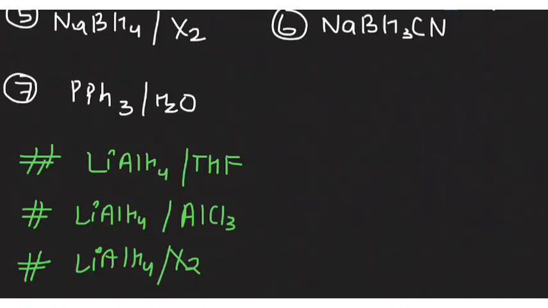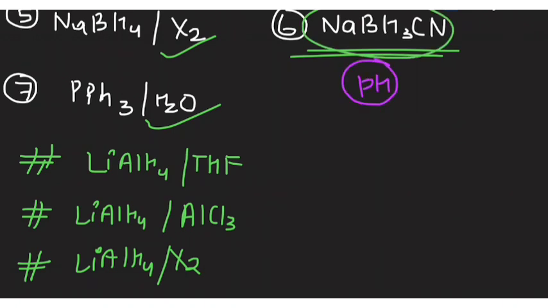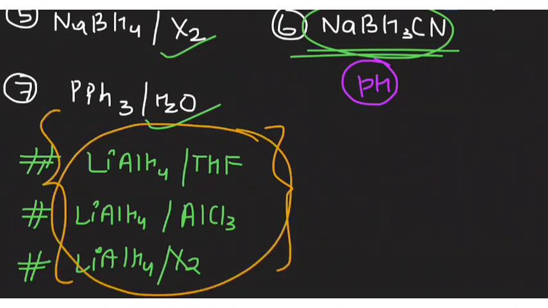Next important reagents are NaBH4 in X2, PPh3 in water, and NaBH3CN. Its pH dependence is very important. Now, moving on to the next point, these three are basically having three different roles, but they are written like this, and it may confuse students.